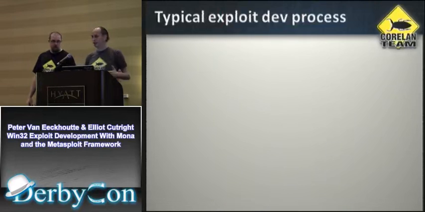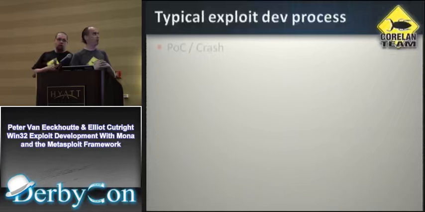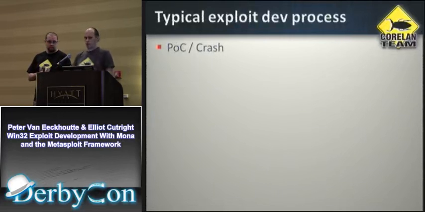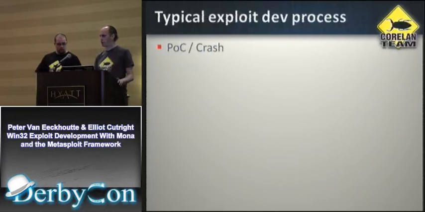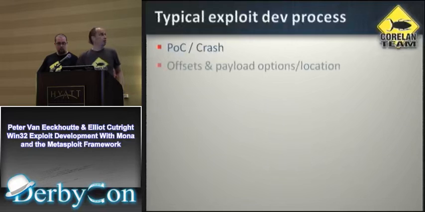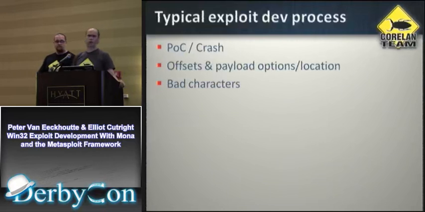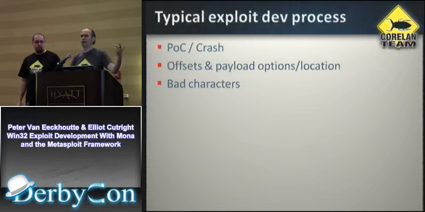Let's take a look at your typical exploit development process. We usually start with something that just proves a crash, that it just shows that we can crash something. The first thing that we'll do is try to figure out some offsets: what are we overwriting? Are we overwriting a saved return pointer, an exception handler, a vtable, whatever?